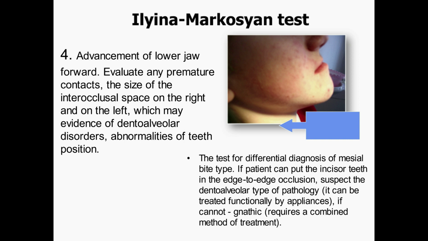The test for differential diagnosis of mesial bite type. If the patient can put the incisor teeth in the edge-to-edge occlusion, suspect the dentoalveolar type of pathology. It can be treated functionally by appliances. If not, the gnathic type of pathology requires a combined method of treatment.